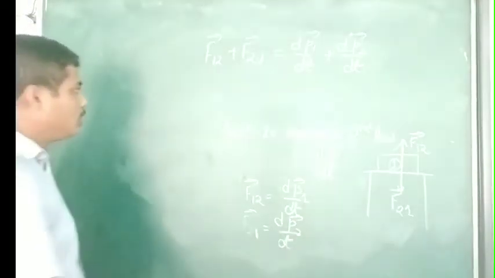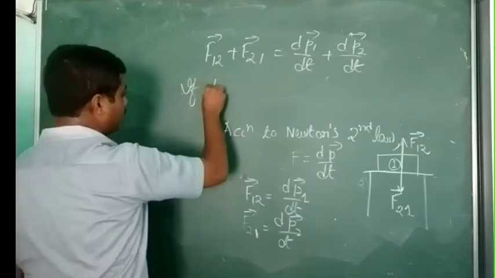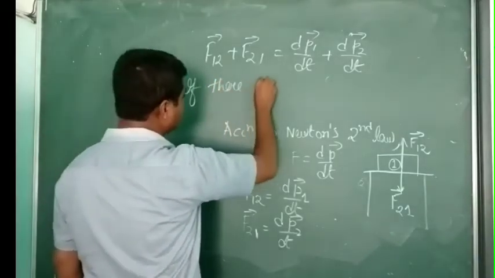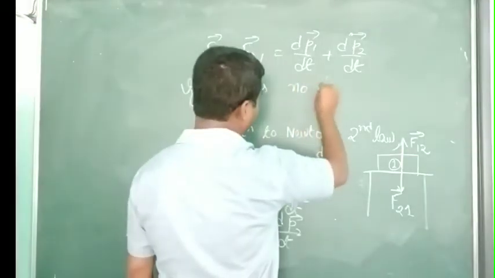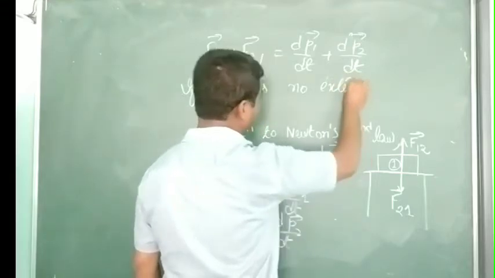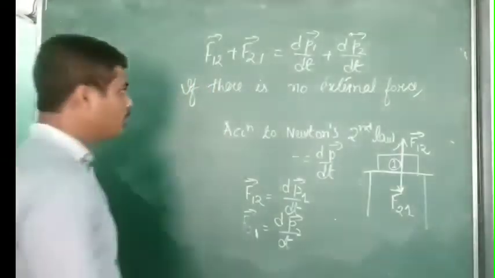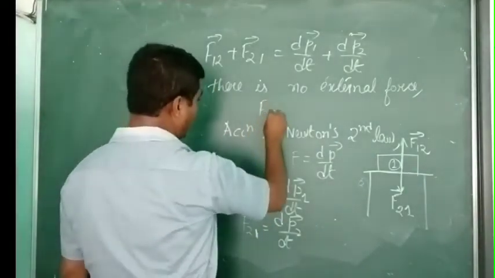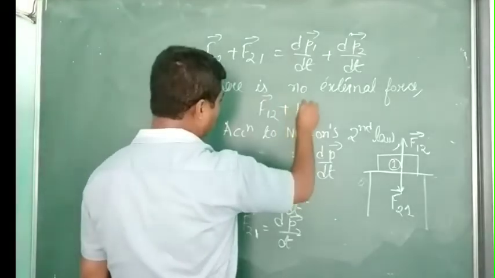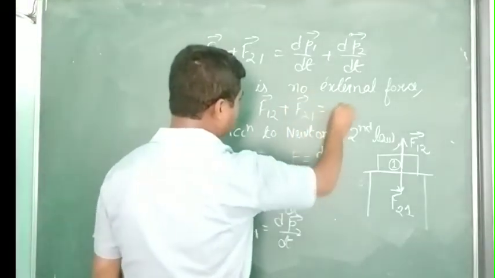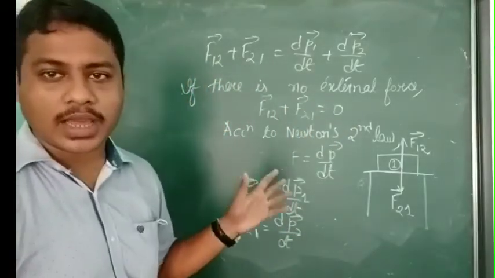Now, if there is no external force acting on it, that means your total force will be equal to 0. That is, F12 plus F21 will be equal to 0 because there is no external force acting on it.